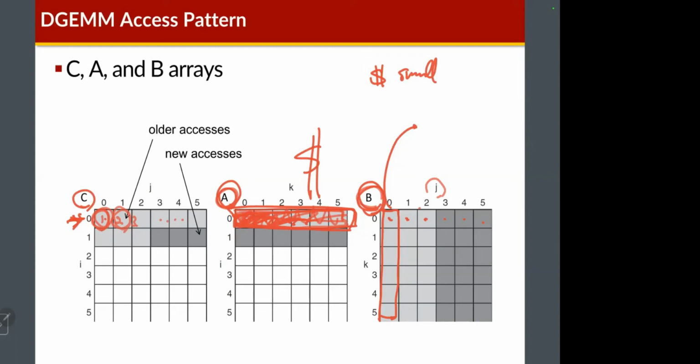And then the next column is referenced, and that column data is stored in the cache.